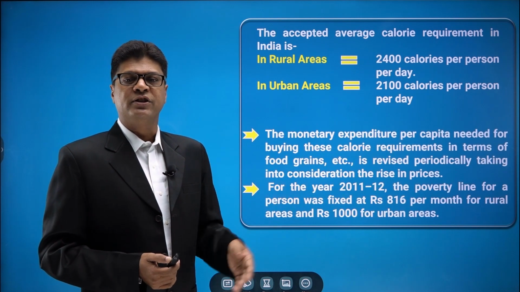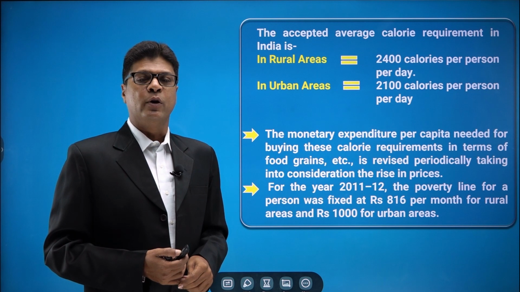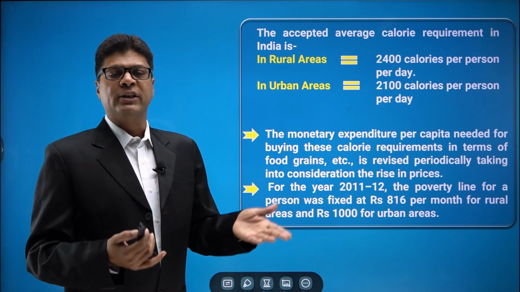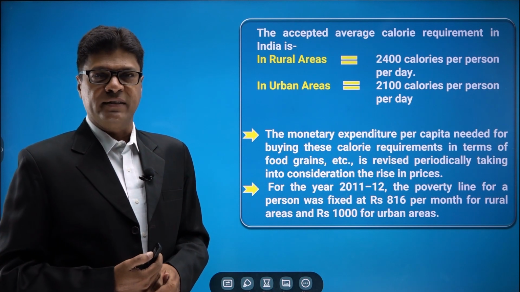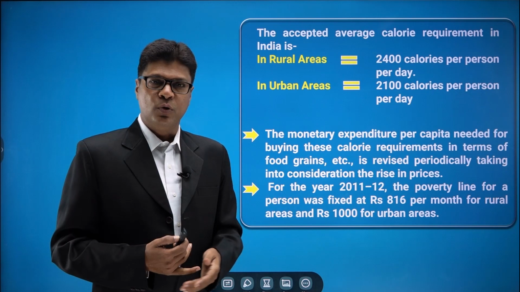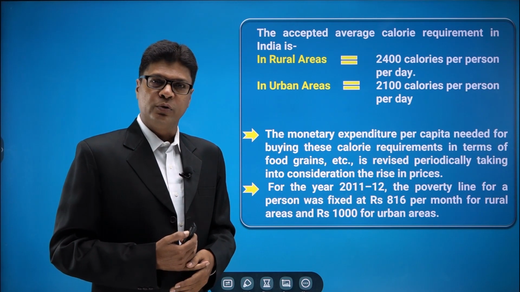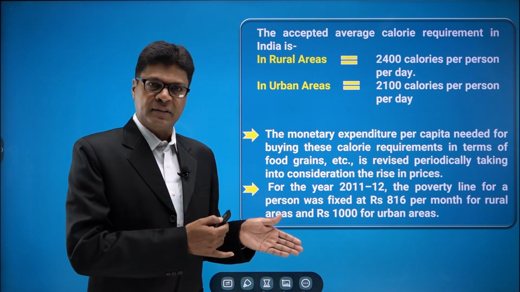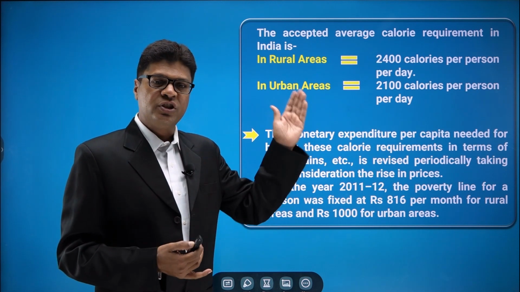The monetary expenditure per capita needed for buying this calorie requirement in terms of food grains, etc. is revised periodically in consideration with the rise in price. What does it mean? It means that as expenses rise, inflation is also increasing day by day. It depends on how many calories can be purchased for how much amount, so it keeps on changing.